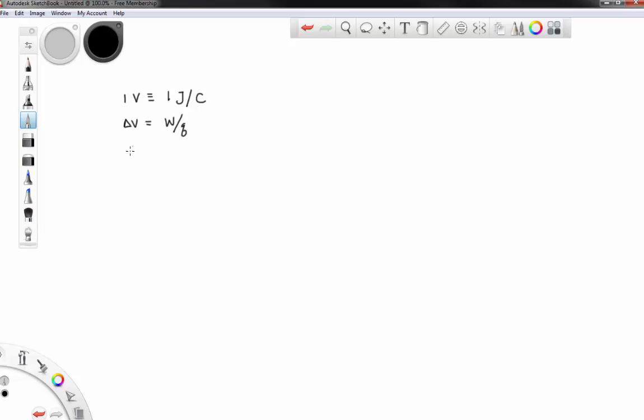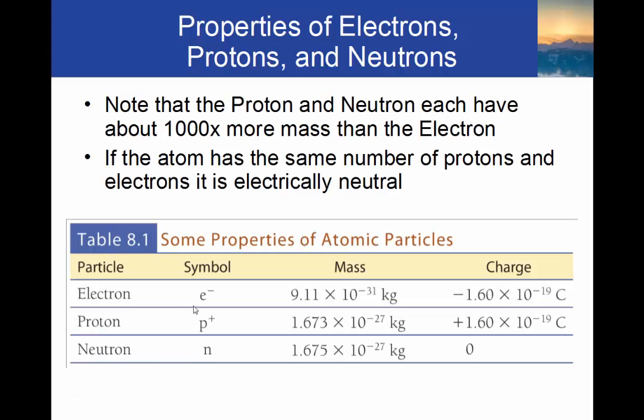So the work done to the electron should be this voltage times the charge of the electron. So we need to go get the charge of the electron. The charge of an electron is minus 1.60 times 10 to the minus 19 coulombs.